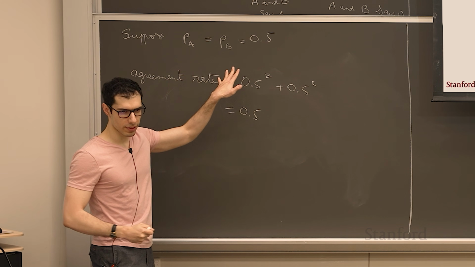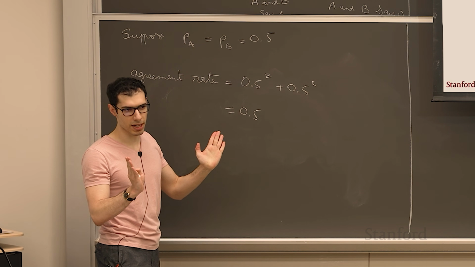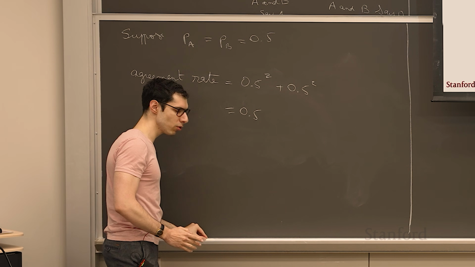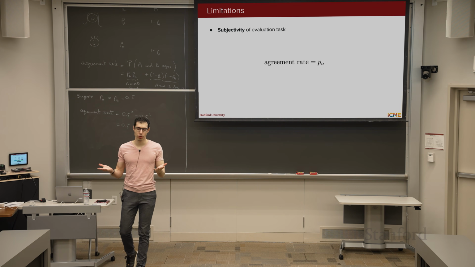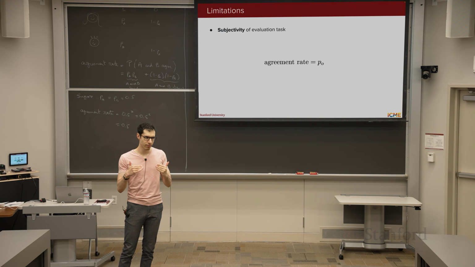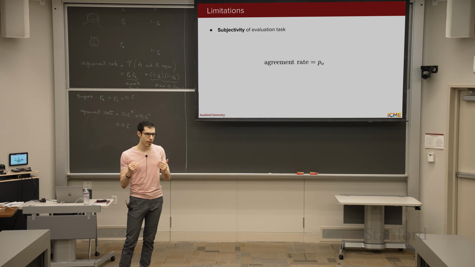And so if this probability is actually higher, the agreement rate by pure chance is also higher. So what that means is that if we just take the agreement rate, then it's very hard to put it into context in terms of what you would have gotten if things would have happened just by pure chance.